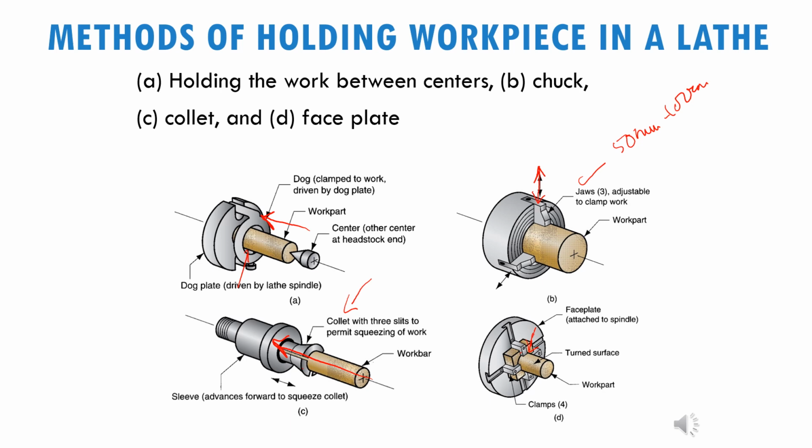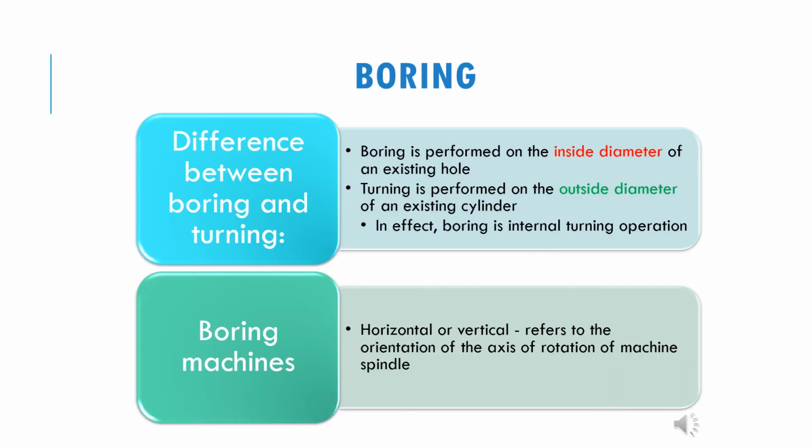Okay, so let us go to the boring process. So what's the difference between boring and turning? Boring is performed on the inside diameter of the existing hole. So you cannot start the boring process by using the boring tool itself. You have to create the hole inside the work material first, and then you can enlarge the hole by using the boring process.